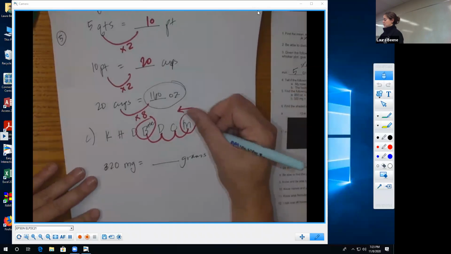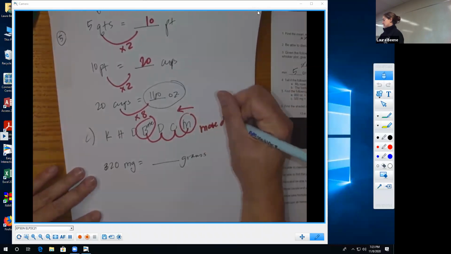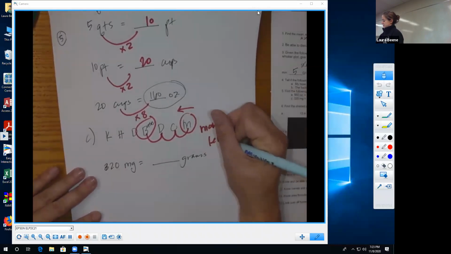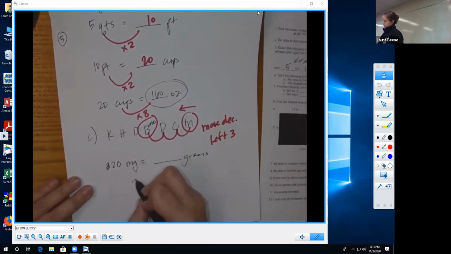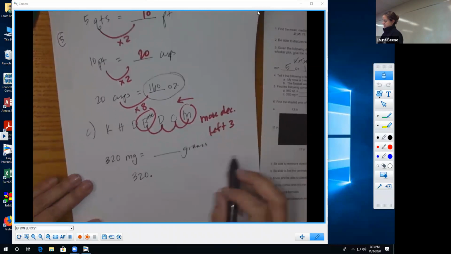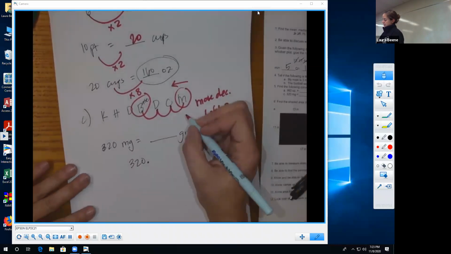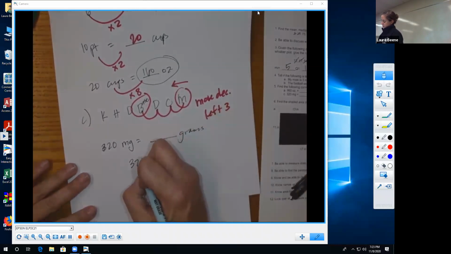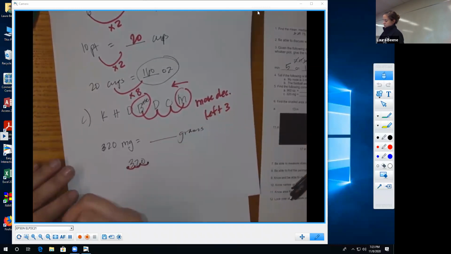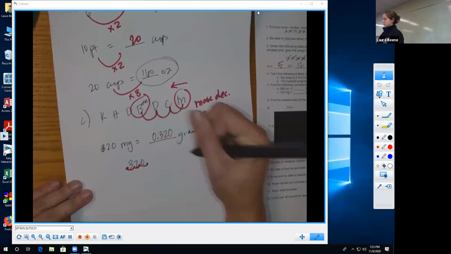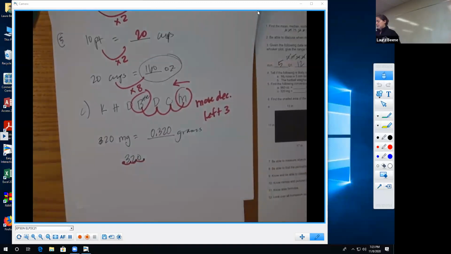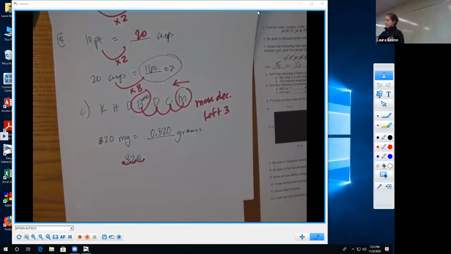So I need to move my decimal place left 3 times. For the number 320, the decimal place is currently at the end of it. I move it to the left 1, 2, 3 times, which should now be the number 0.320, or 320 thousandths. And that's the answer.